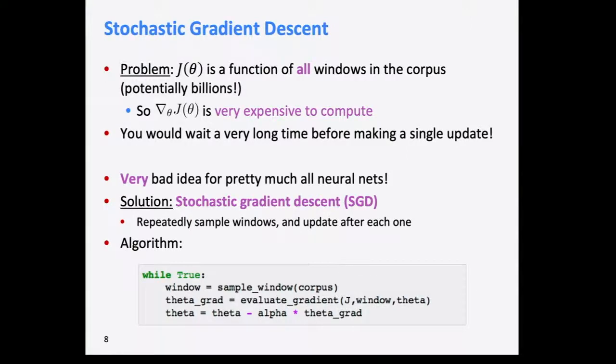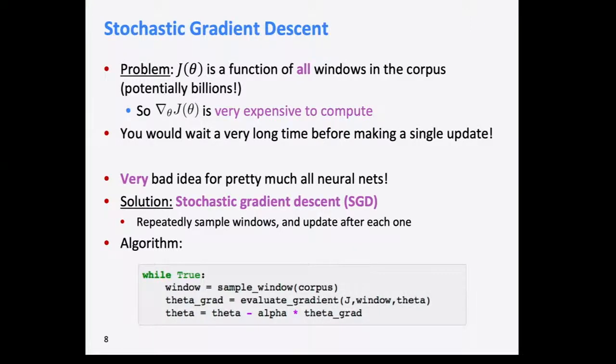So what everyone does is use stochastic gradient descent. In stochastic gradient descent, we sample a window in the simplest case. Just for this one window, we work out an estimate of the gradient, and we use it as a parameter update.